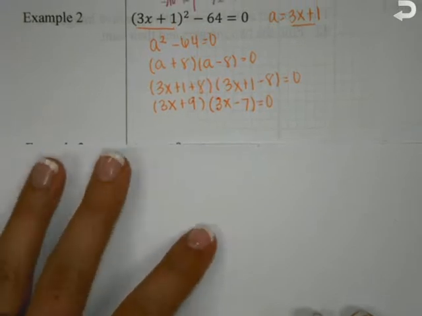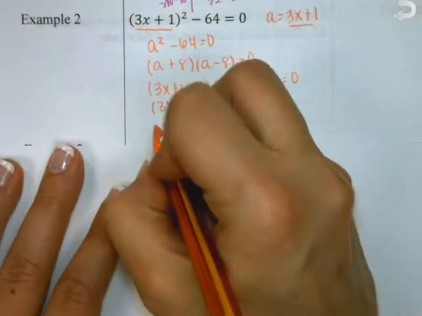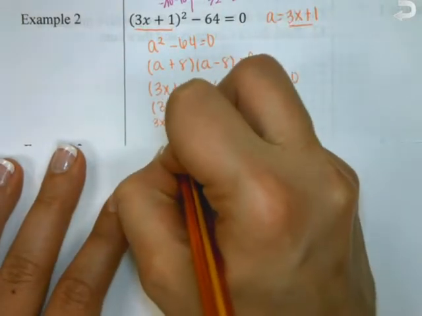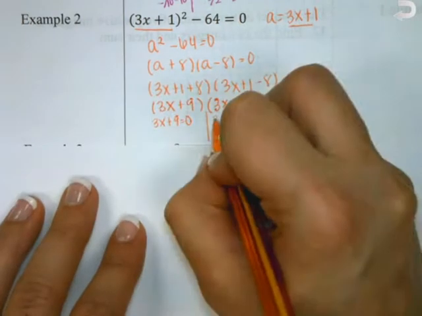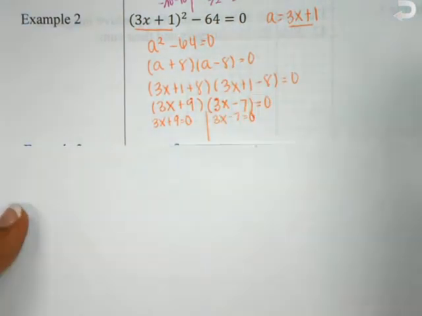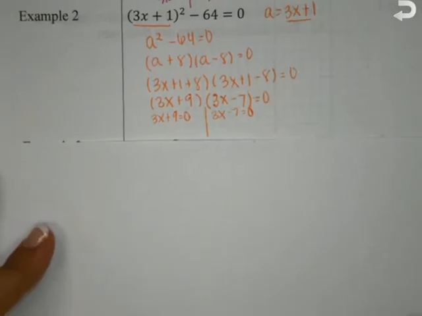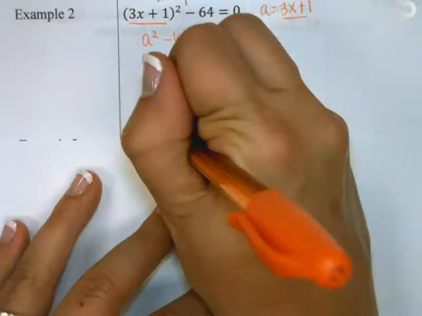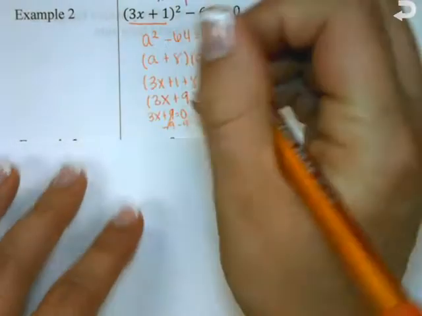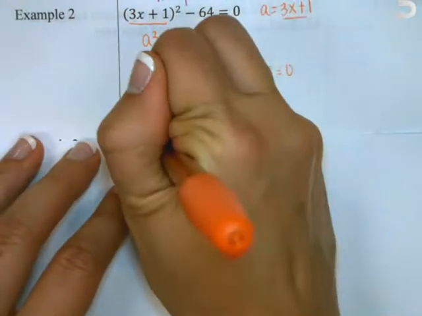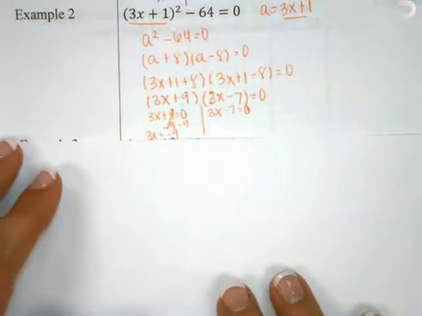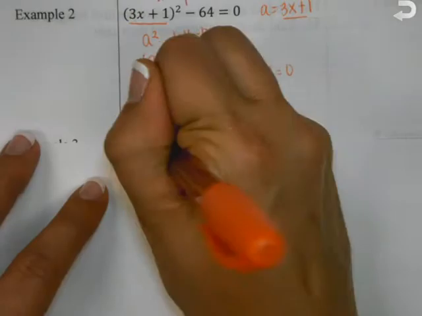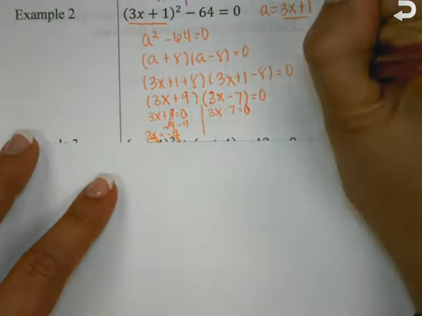We can set each one equal to 0. So 3x plus 9 equals 0. And 3x minus 7 equals 0. I'm going to work on the left first. Subtract 9. So that gives me 3x equals negative 9. So then we divide both sides by 3. So I get x equals negative 3.